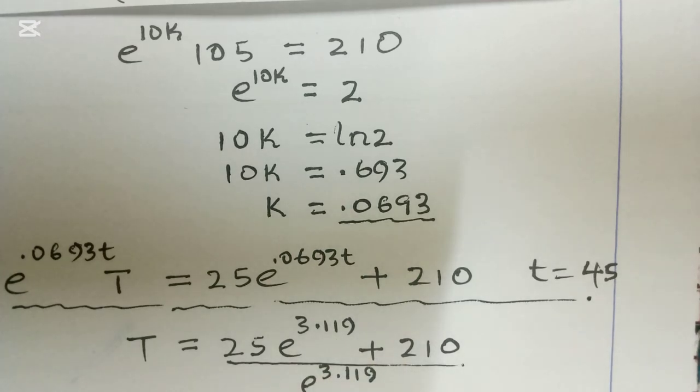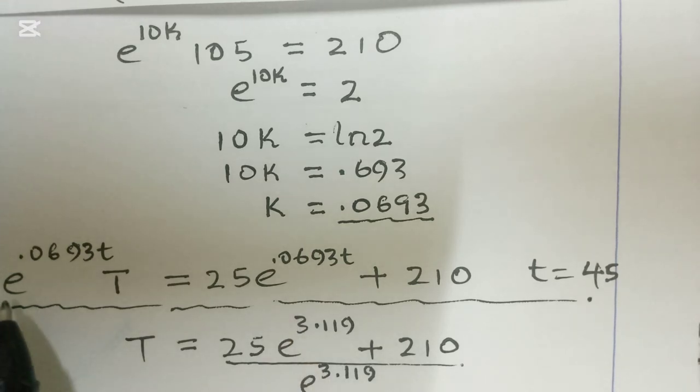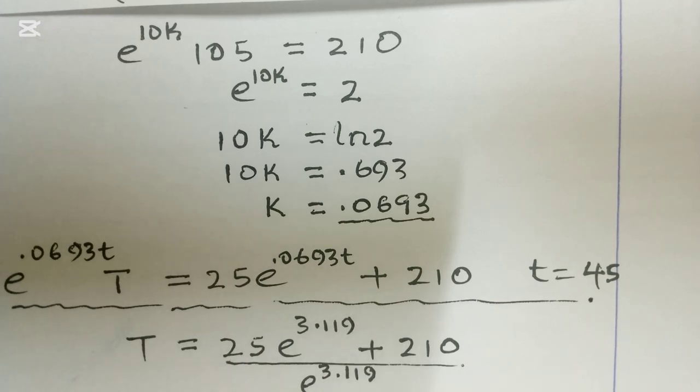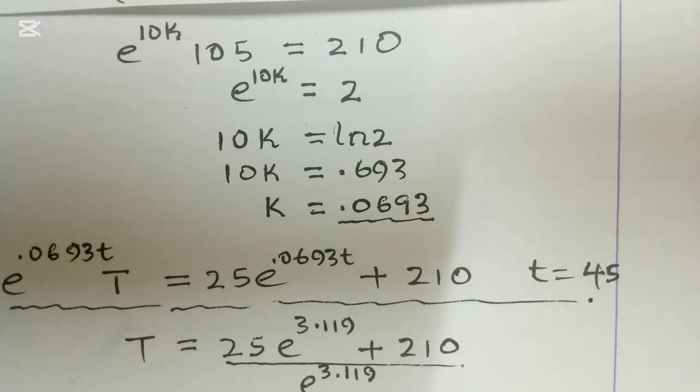After putting that, we bring this e to this side, so that we have t equal to that divided by the e raised to 3.119. When you compute e raised to 3.119, you are going to find it is 22.624.